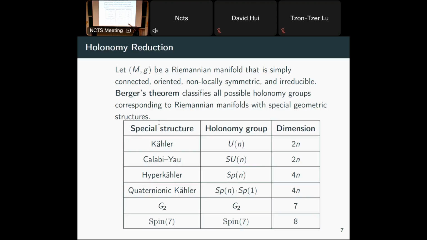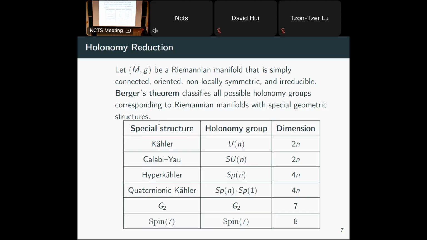Holonomy groups basically tell you precisely what kind of geometric structure your manifold has. Now, when we talk about the Riemannian manifold, SO(n), and now the Kähler and Calabi-Yau, in this list you can associate the normed division algebras. The Riemannian case is the real field R. Kähler and Calabi-Yau are over the complex numbers. Hyperkähler and quaternionic Kähler are over the quaternions.